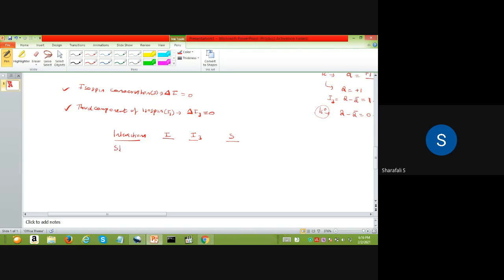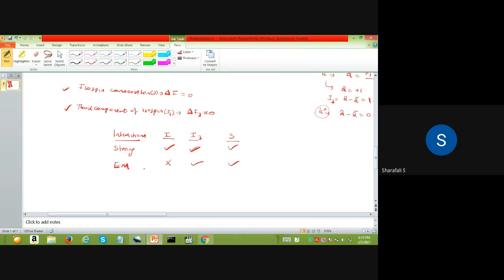First, we consider strong interaction. In strong interaction, isospin will be conserved, I3 will be conserved, and strangeness also will be conserved. In electromagnetic interaction, isospin will not be conserved, but I3 will be conserved, and the strangeness also will be conserved.